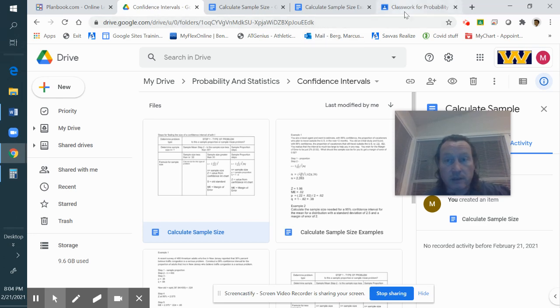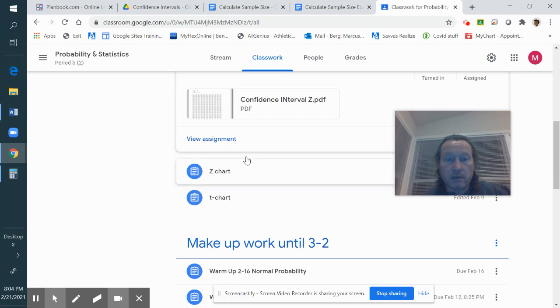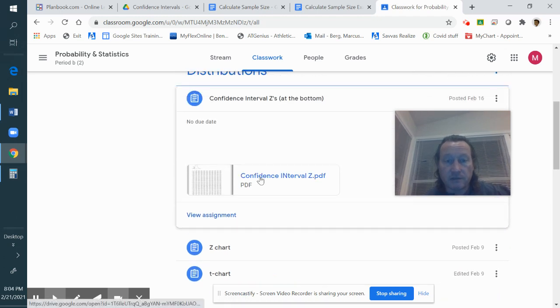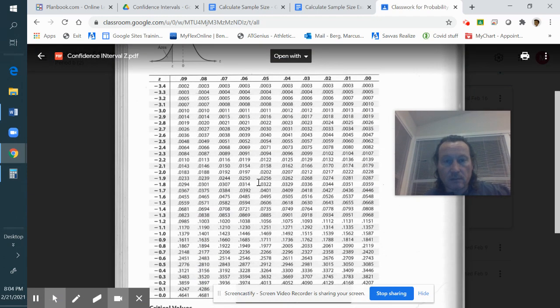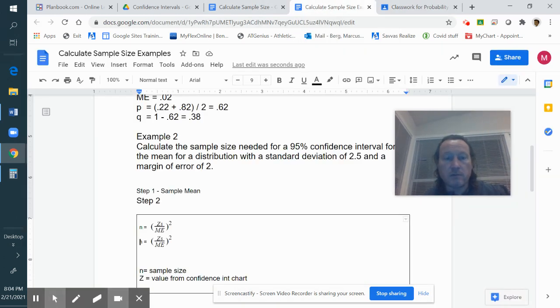We go to classwork, we go to distributions, and I want the confidence intervals for z. Open that up to the bottom. For 95%, see here, critical values, level of confidence, 1.96. So my z is equal to 1.96. And I'm just going to replace that right here.